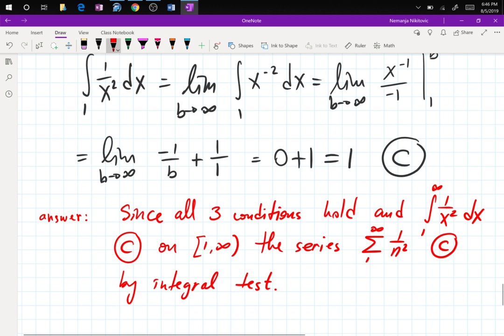This is the answer you are providing for full credit. The sentence must be there.